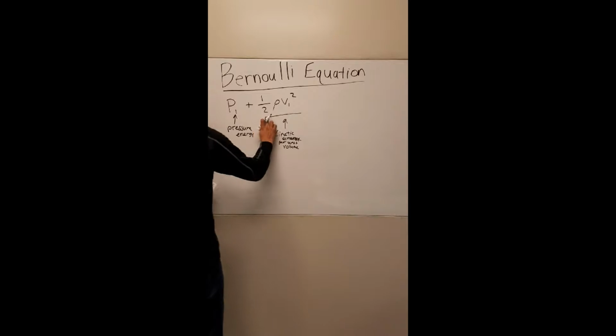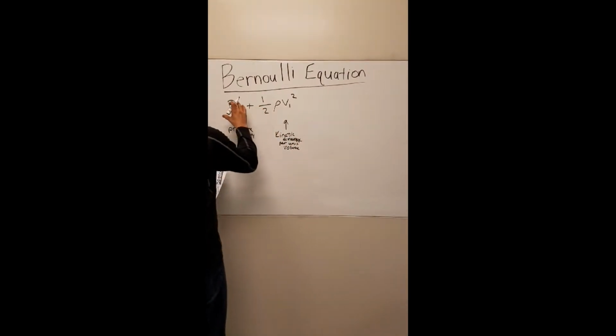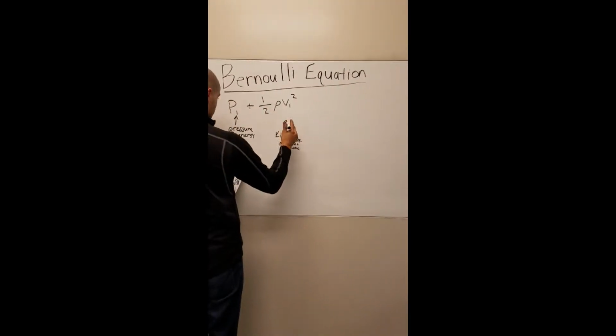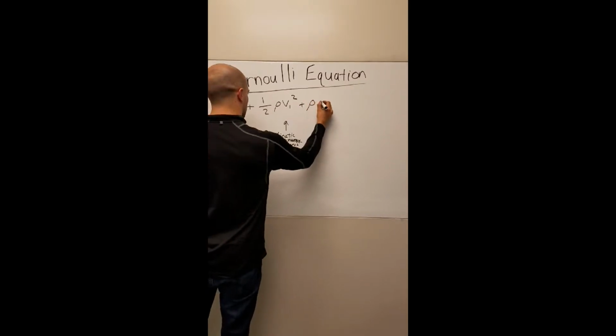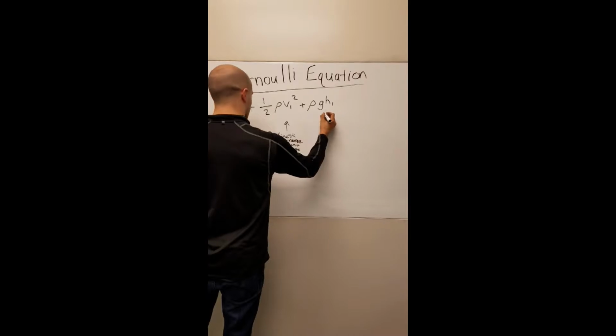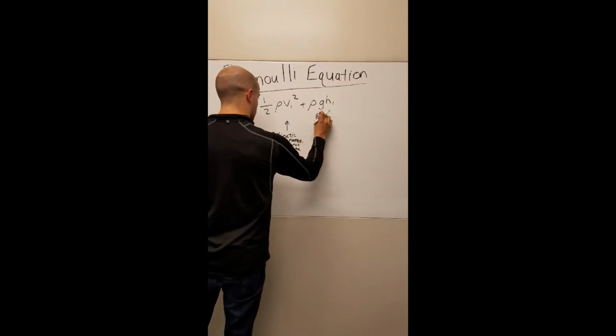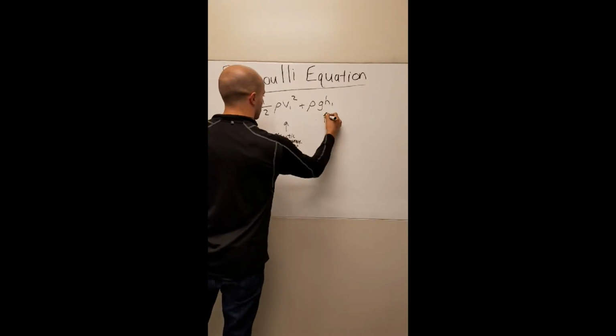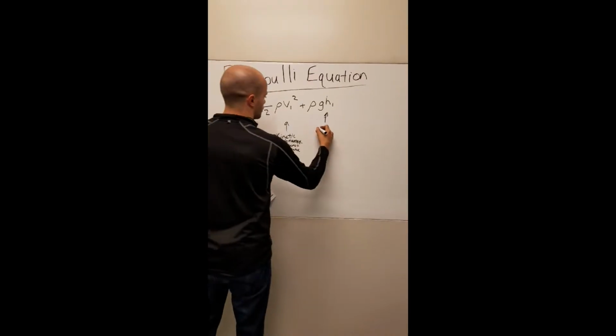And so you have your pressure energy plus your kinetic energy per unit volume plus rho g h, for gravity and your height, which represents the potential energy per unit volume.